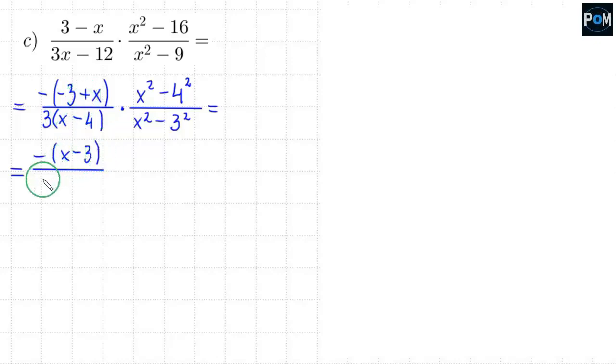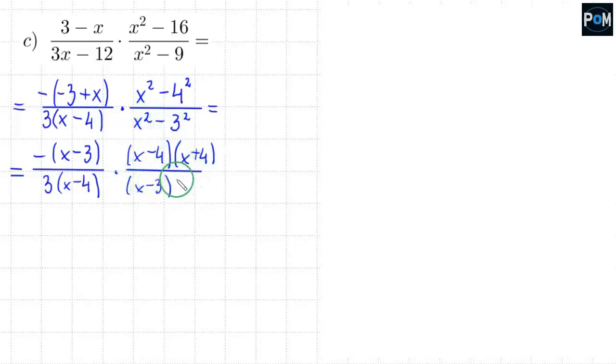That's how it will be on top. Nothing happens at the bottom. Here I have the difference of squares, so I change it into two parentheses. In the first parenthesis, x minus 4, without those squares. And in the second bracket, it will be x plus 4. And at the bottom, I will have something similar, x minus 3 in the first bracket. So is here, but without the squares. In the second bracket, x plus 3.